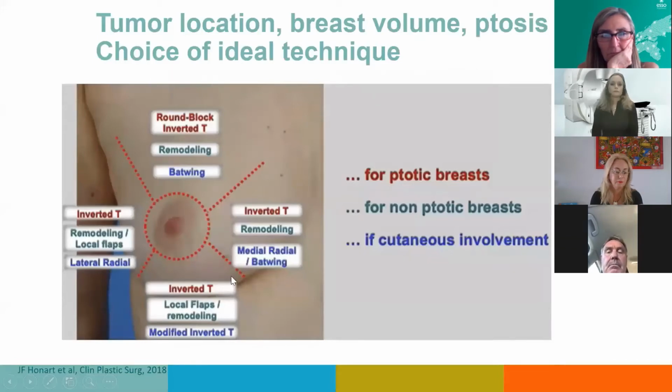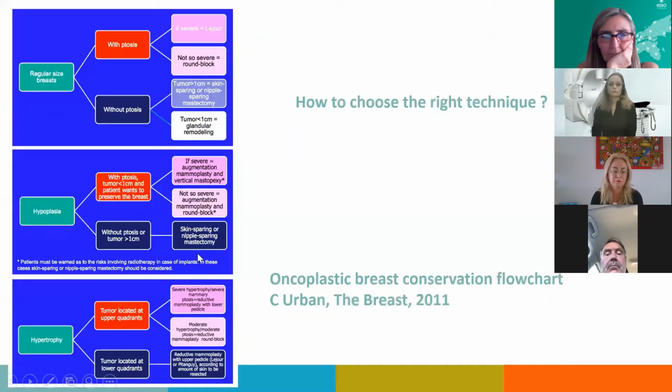Sometimes we have to combine different techniques or use the same technique to remove tumors from different quadrants of the breast, such as a round block technique, which can be used for removing 2 or 3 tumors from different quadrants. And of course, in our assessment, we have to consider the type of the breast, whether there is ptosis or not, whether there is skin involvement, and also the location of the tumor.